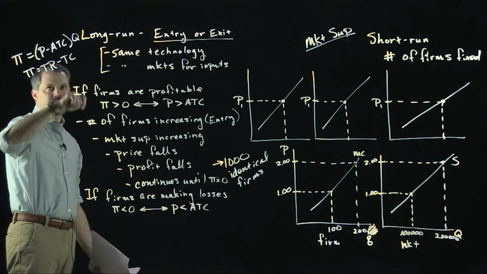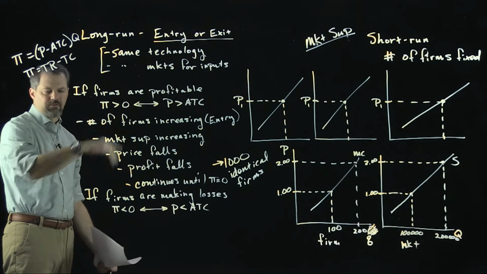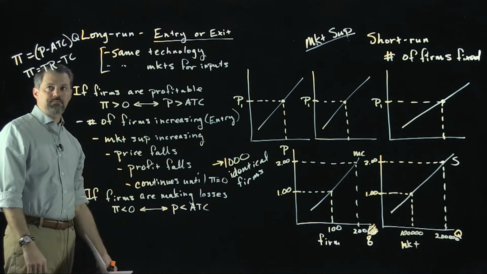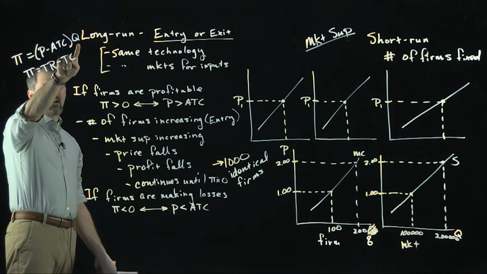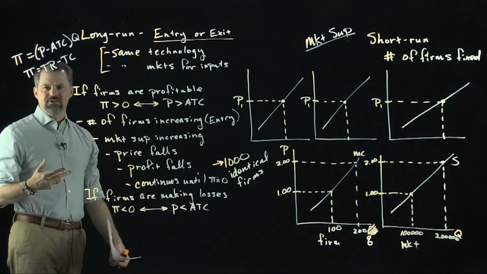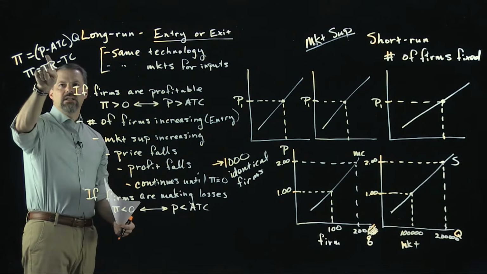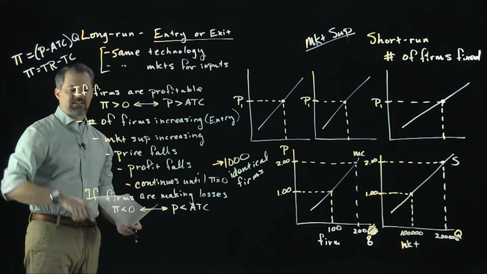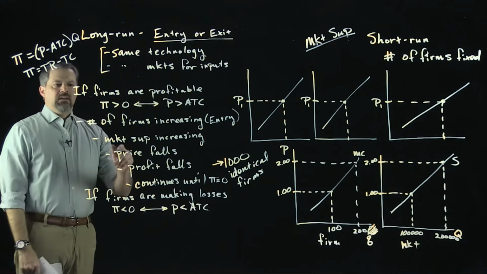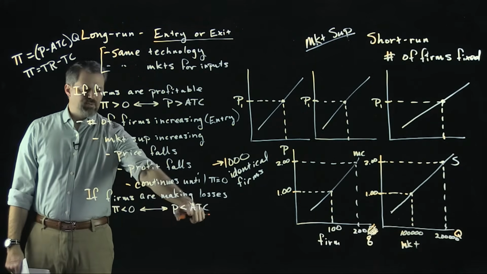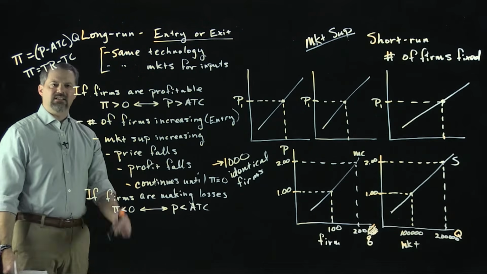Quantity is always positive. Okay? Or zero if the firm's choosing not to produce. But quantity is never going to be negative. Negative quantities don't make economic sense. So if this term's negative, then profit's negative. Well, if price is below average total cost, that's our exit condition.